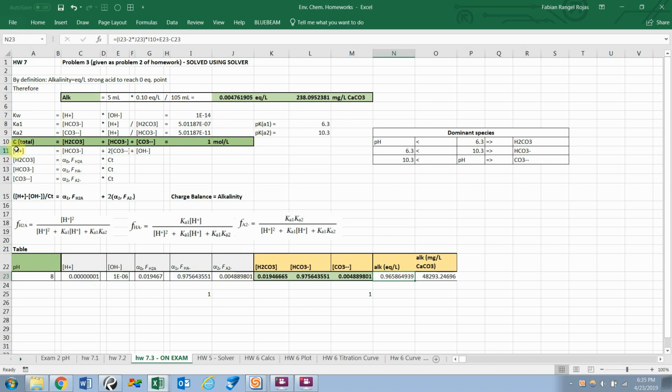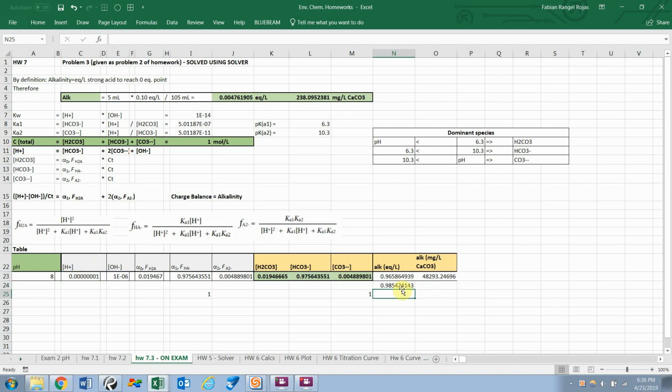You could have simply input these values straight up right here. It doesn't really make a difference. I'm going to do it in parallel so you can see. I could have said, use this equation right here, and I'll bold it. I'm going to use that equation. I'm going to say equal to HCO3 minus plus 2 times CO3 2 minus plus OH minus H plus.